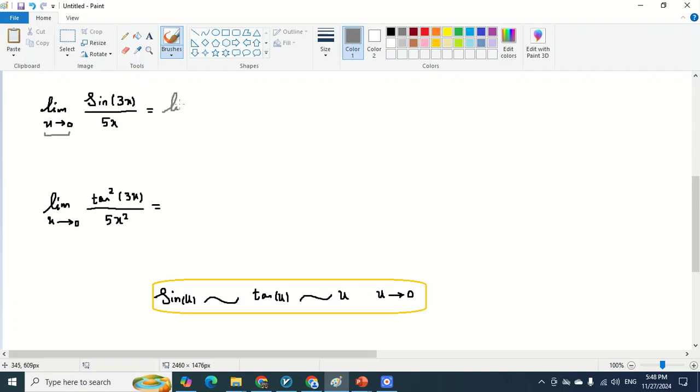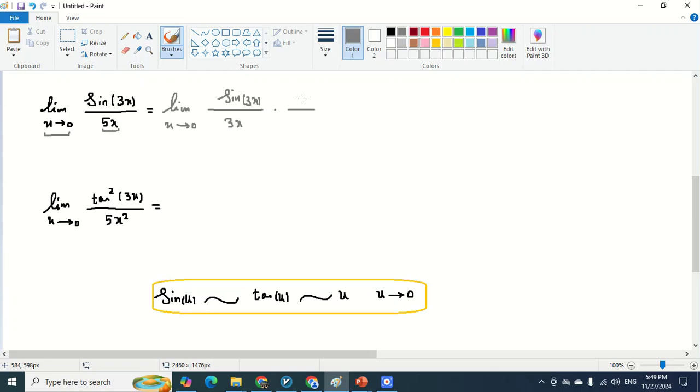So we will rewrite it as a limit where x tends to 0. Since we know that the limit of sine of u over u, where u tends to 0, is equal to 1, we try to construct those terms, meaning we write sine of 3x at the numerator. At the denominator, we need to have 3x to have the limit equal to 1. But if I multiply by 3, we should divide by 3 as well, meaning we should construct 5 at the denominator.